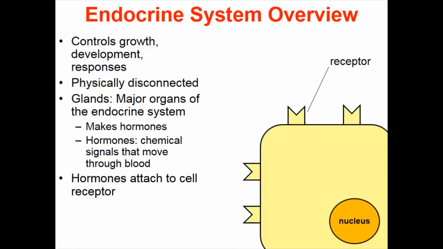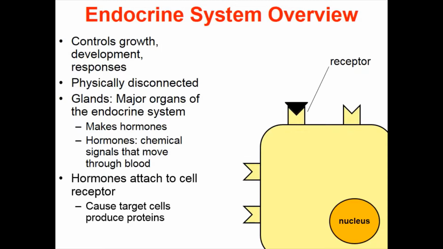So hormones ultimately attach to a receptor that's found on a target cell. So here comes a hormone and it just attached to this receptor. See how the triangular shaped pieces fit?